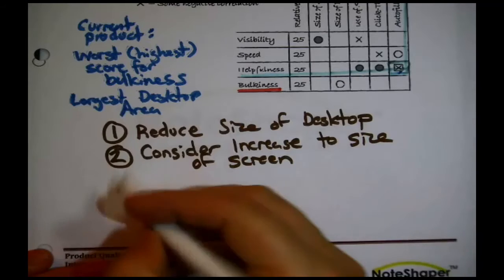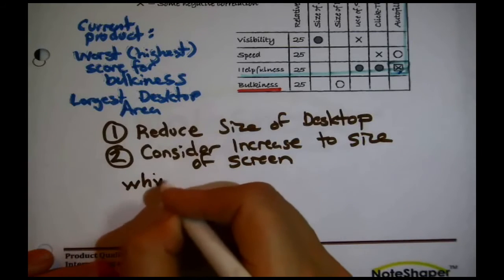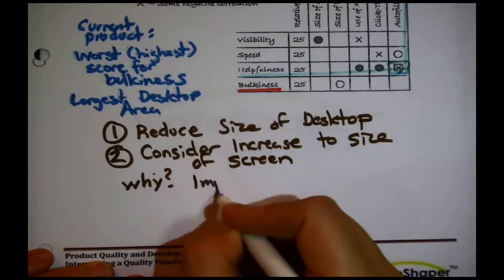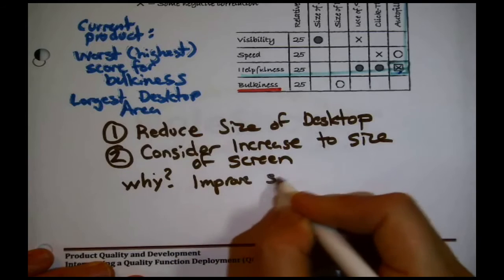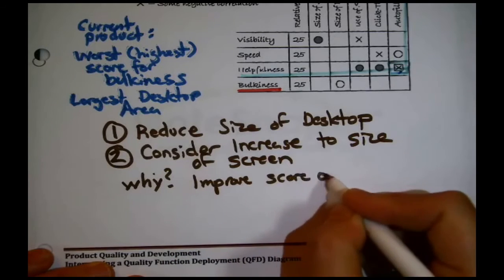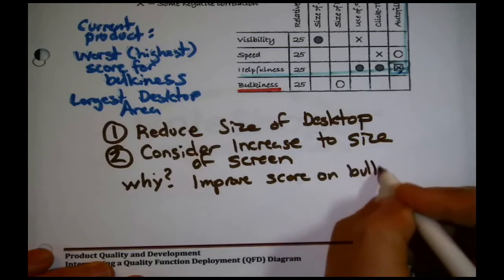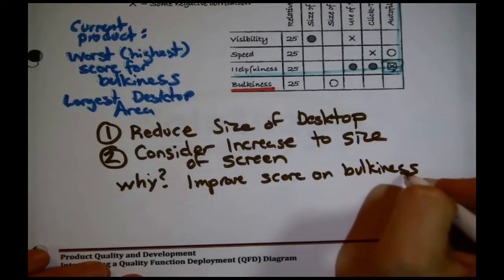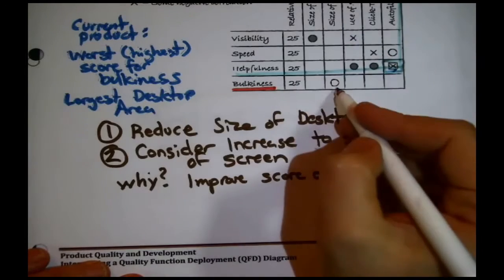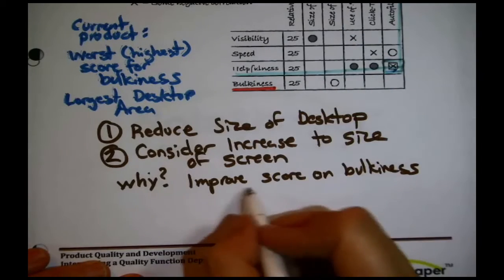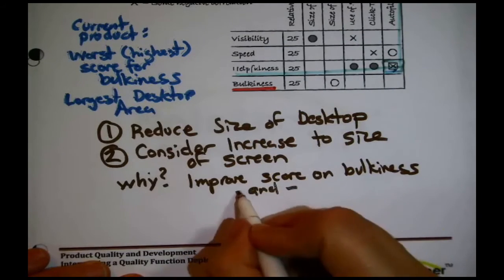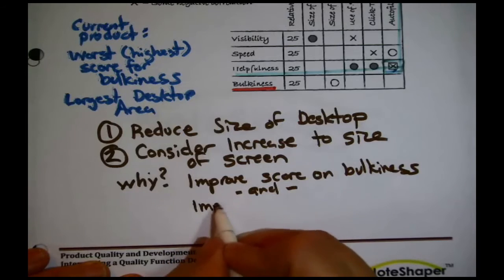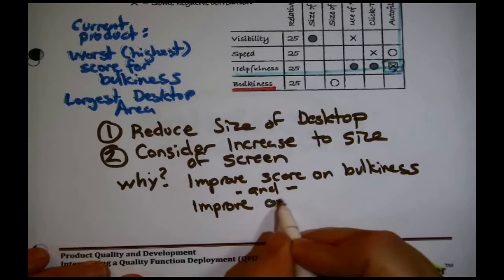And you might be challenging me on this. Why? Improve score on bulkiness. We get a big score now, but bulkiness is not a nice thing. If we reduce this, we get a smaller score. That's a nice thing. And improve on, now what would we improve on?